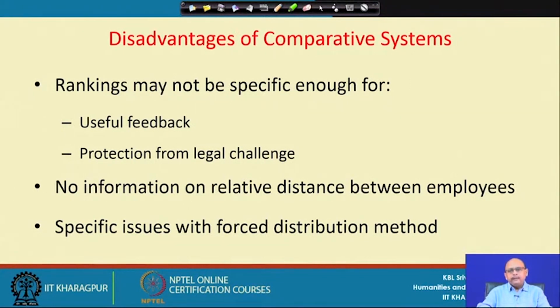But if you are going by absolute grading, both of them will get the same grade. So, if you are going for forced distribution, then this is a problem, because you do not know what distance you need to maintain in order to differentiate the performance of the people. So, this could be one of the disadvantages.